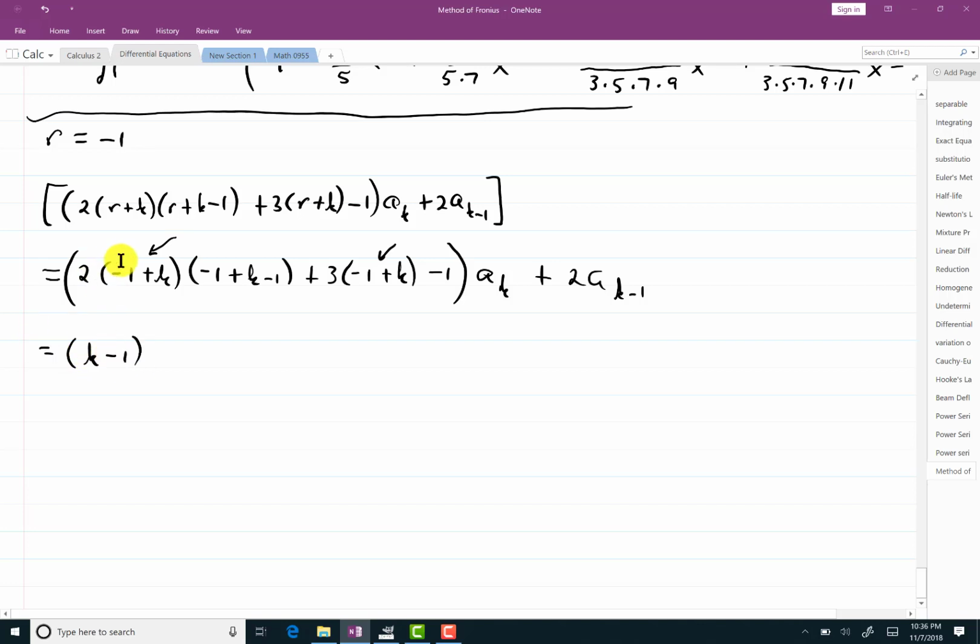And then as before, I'm going to take my 2 and multiply it through here. Right inside of here is k minus 2. So that's going to be 2k minus 4. And then I'll have plus 3, and then a minus 1. And all of that stuff is attached to a sub k.